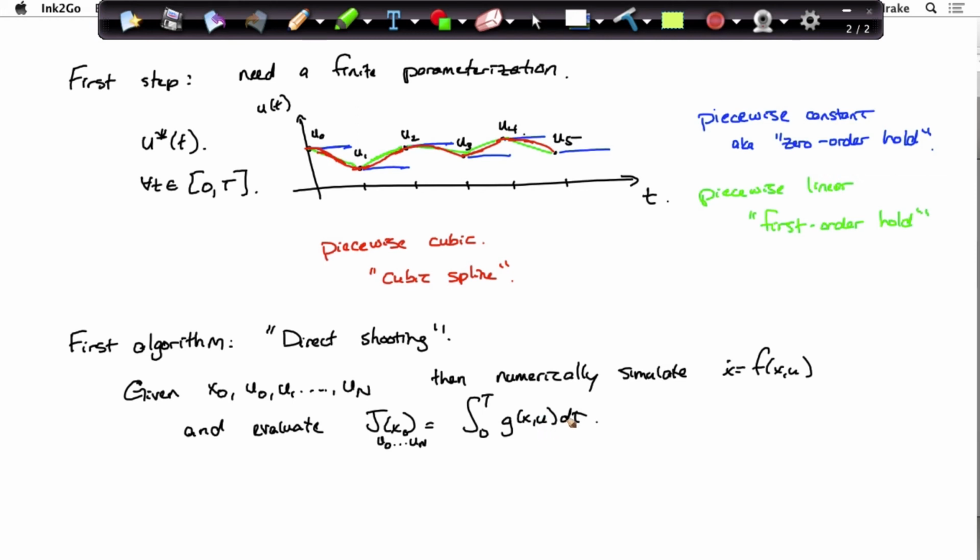But that's an easy thing to do, right? We've been numerically simulating our robots for a while now, and given this parameterization, I can certainly numerically simulate it. So what you should have in your head now is that this cost for a particular x0 depends on some finite number of decision parameters, u0 through un, right? So what I have really is a function now.